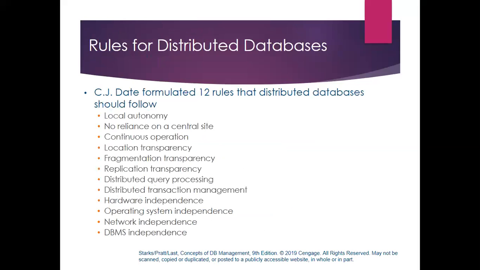The 12 rules are: local site independence, central site independence, continuous operation, location transparency, fragmentation transparency, replication transparency, distributed query processing, distributed transaction processing, hardware independence, operating system independence, network independence, and database management system independence.